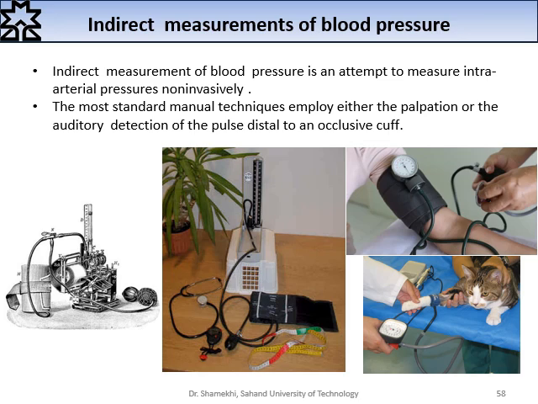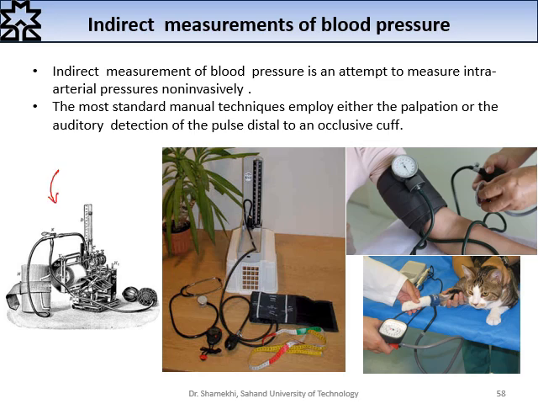The most standard manual techniques employ either the palpation or the auditory detection of the pulse distal to an occlusive cuff. As you can see, we have various generations of these measurement devices.